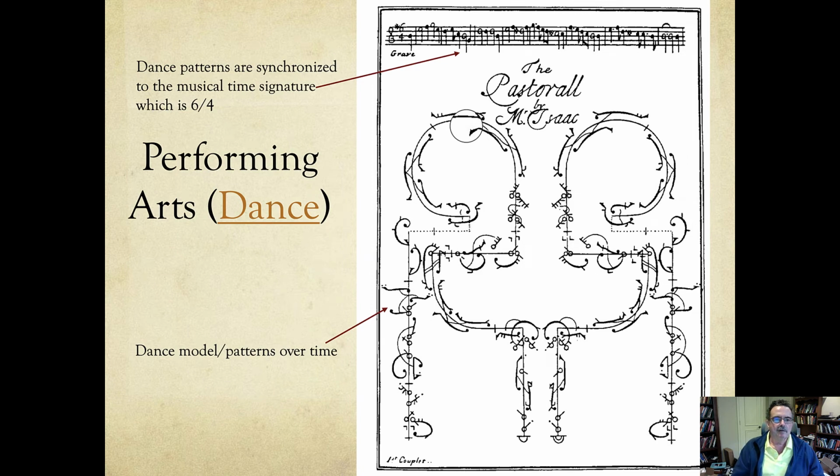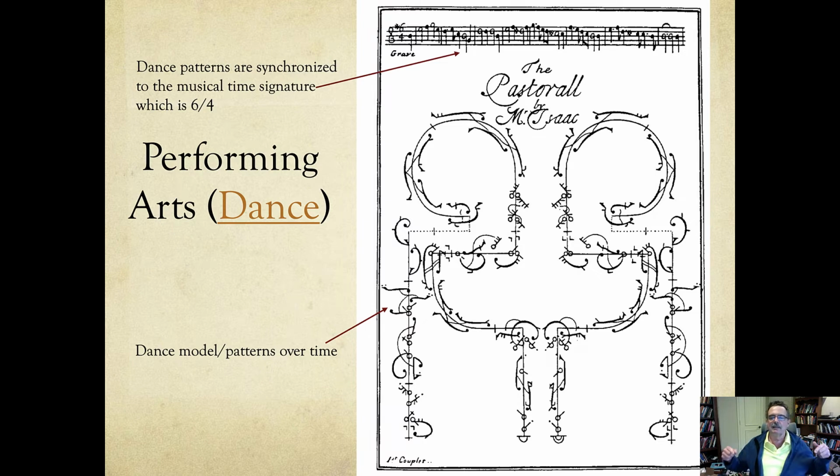Well, if we take a look at the performing art of dance, there are many different languages and patterns and models for portraying how dancers move over time. And so this is something from quite a while ago, and if you click on the dance, you'll get more information on this.